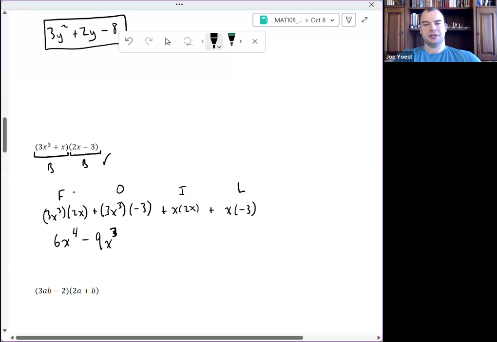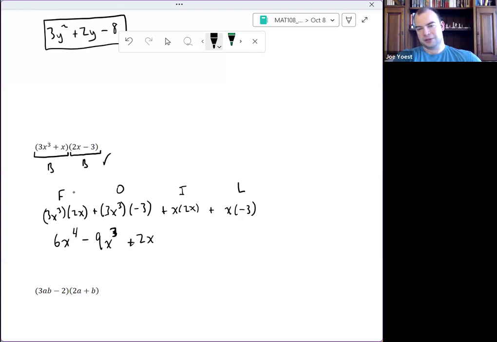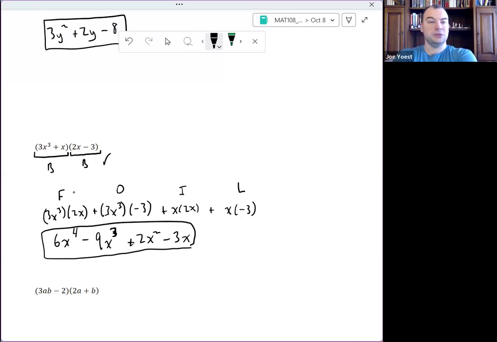For my inners, I have x times 2x. Well, that's just 2 times x times x. I can use the commutative property of multiplication, and that gives me 2x squared. And then for my lasts, negative 3 times x is just minus 3x. I have no like terms here, nothing to combine. So that's my answer. Any questions so far?